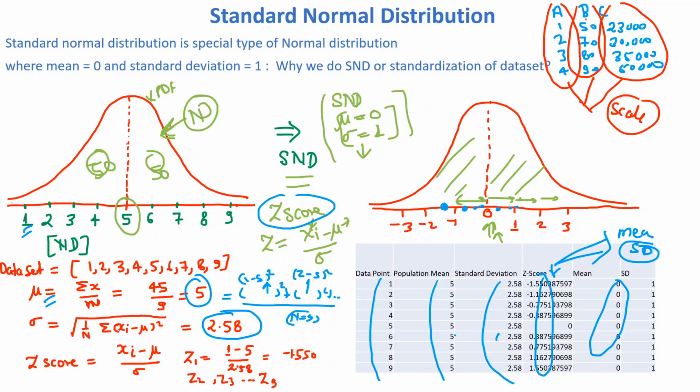This one is on a different scale, and this one is on a different scale, because here is only a single digit, here 2 digits, and here we have 5 digits. So we need to make all the columns the same scale so that we can apply them in our machine learning models. We will discuss more details about why we use scaling in the machine learning videos. In a summarized way, we make all the data points the same scale. That's why we use standardization.